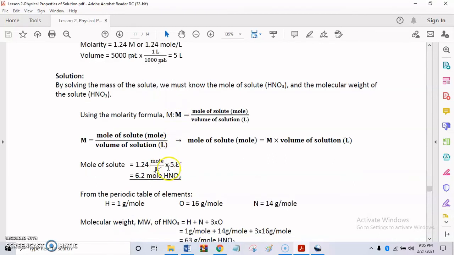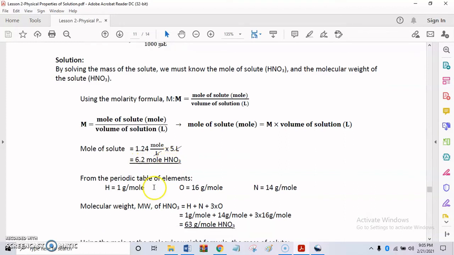So you multiply it by the molar to get the mole of the solute. So, 1.24 times 5, cross out the L, the liter. What remains is the mole of solute, which is 6.2 mole nitric acid.